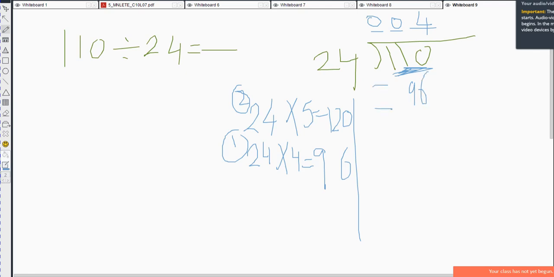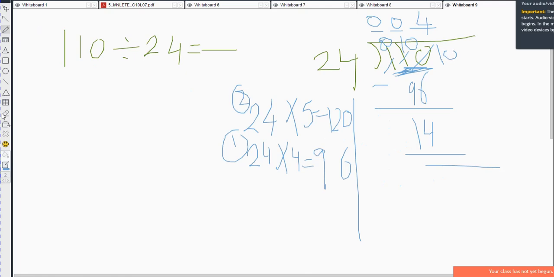110 minus 96 equal what? 0 minus 6 can't be, so for 1 it will be 0 and this will be 10. 10 minus 6 equal 4 and for 1 here it will be 0 and this will be 10. 10 minus 9 equal 1, so 14. So the remainder is 14 here.